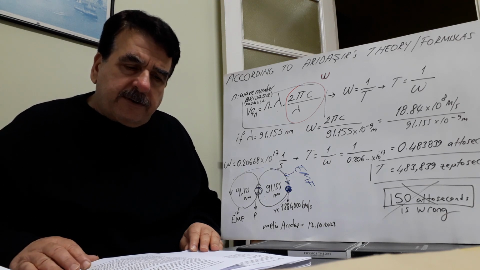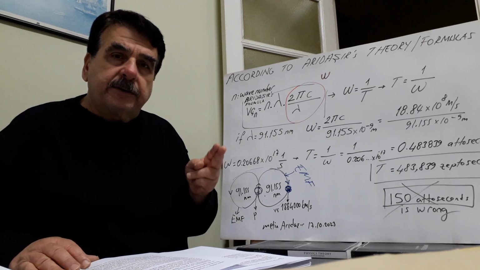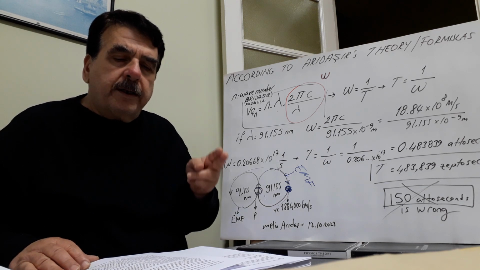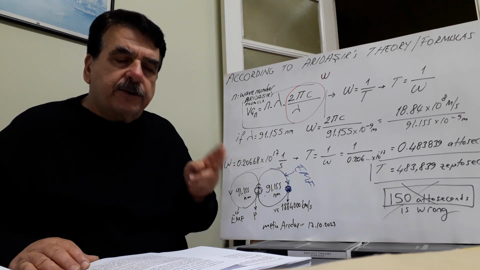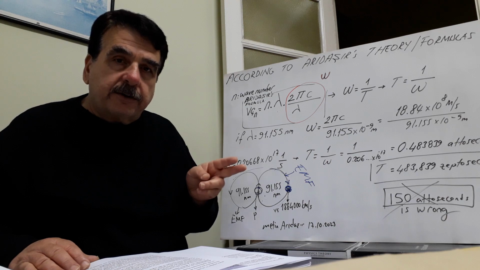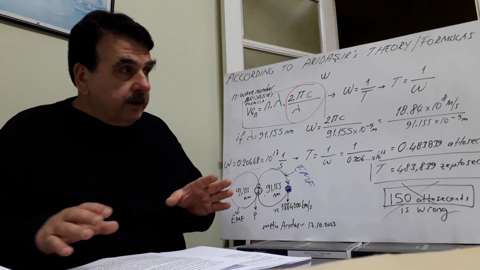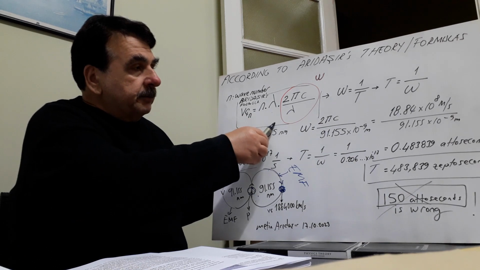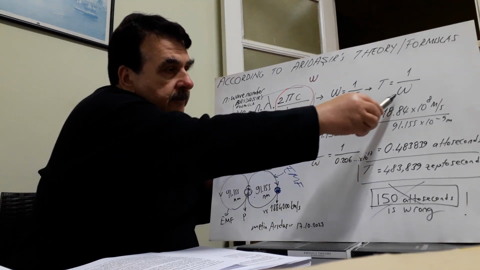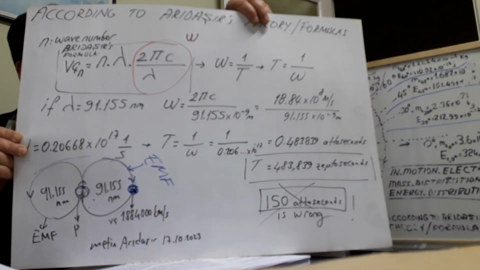Attosecond physicists say that an electron takes 150 attoseconds to orbit the proton in a ground state hydrogen atom. But this is wrong. Here is my formula. I advise you to notice that.